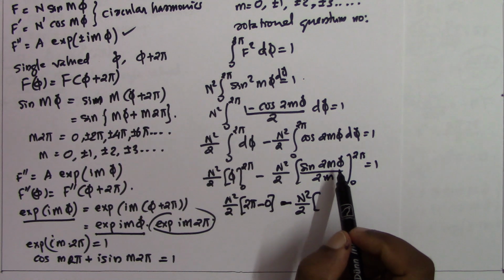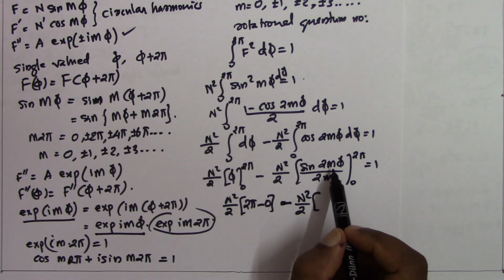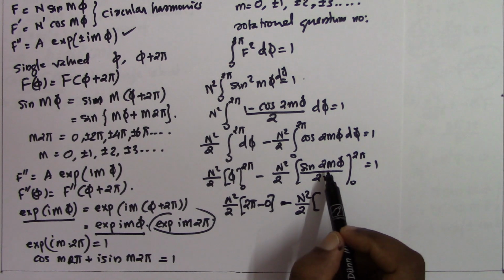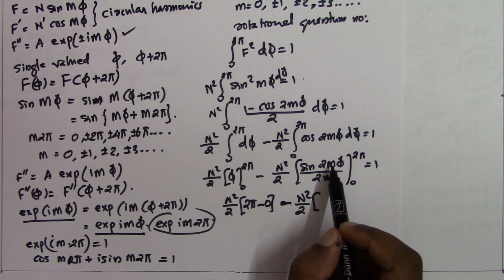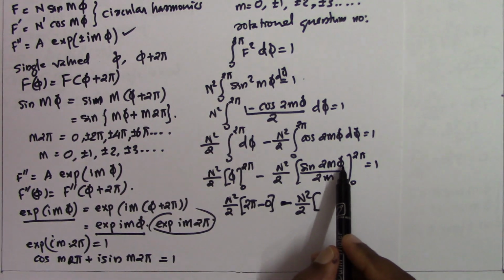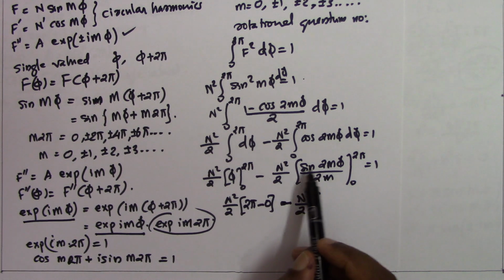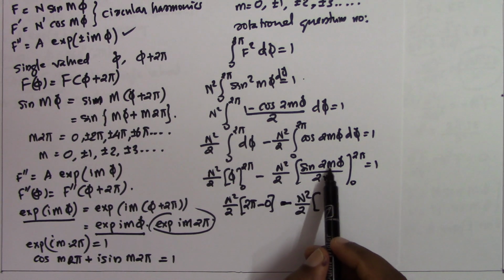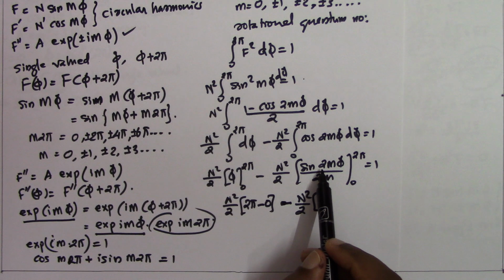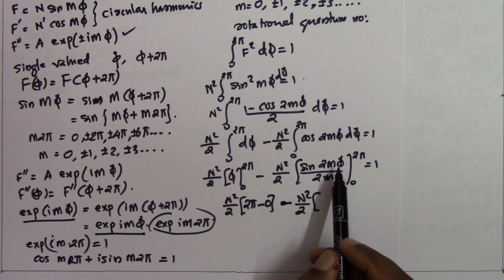And if φ is equal to 2π, then sin 2mφ will be 0, because m is an integer, 0, plus or minus 1, plus or minus 2, etc. If m is equal to 0, it will be sin 0. If m is equal to 1, then it will be 2 into 1 into 2π, that is equal to 4π. sin 4π is equal to 0.